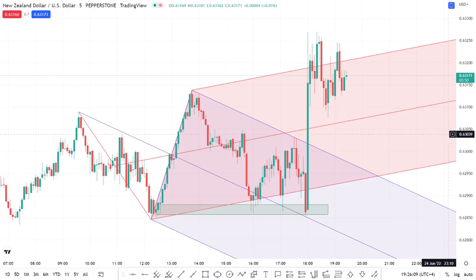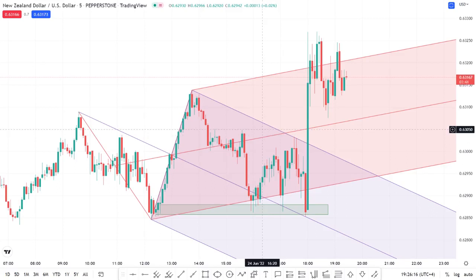Kasi lagi ko nga sinasabi, line works is important pero without a context, hindi nyo alam kung saan ilalagay yung proper na line works. So, first, you must build a context, a logical context, then apply the line works. And then from there, makikita nyo kung saan yung potential target and exit nyo.